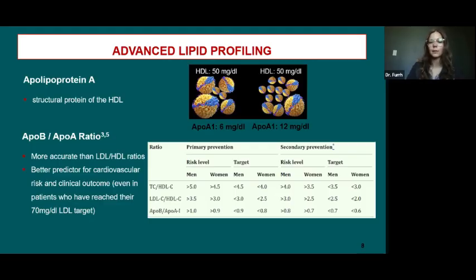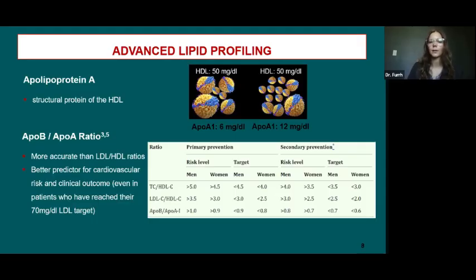When you look at this table with the target ranges you're trying to achieve, you see the ranges from earlier for the total cholesterol to HDL and LDL to HDL, and they're this arbitrary threshold of 4 or 2.5 compared to the ApoB to ApoA ratio. And here you can see that you're basically just trying to stay under 1.